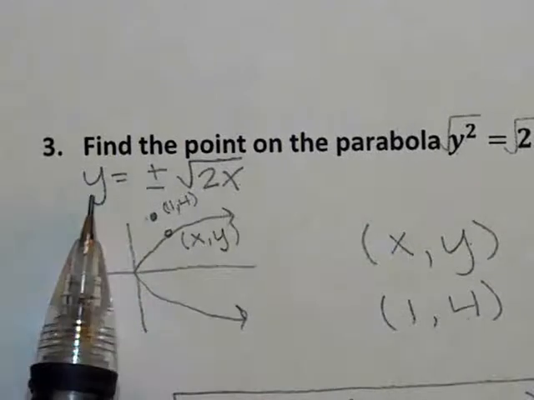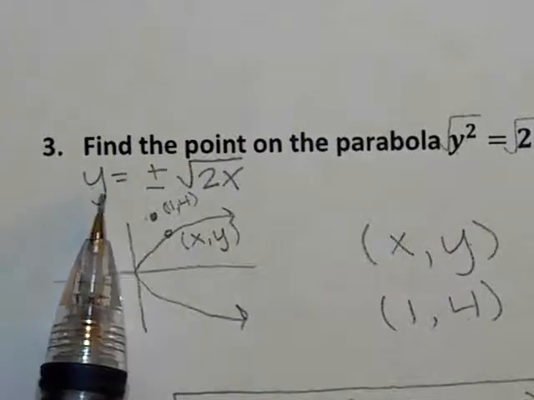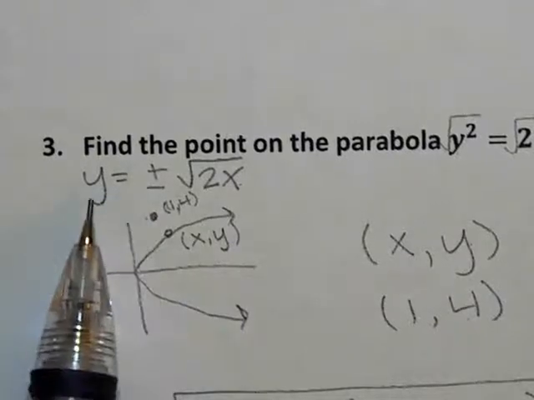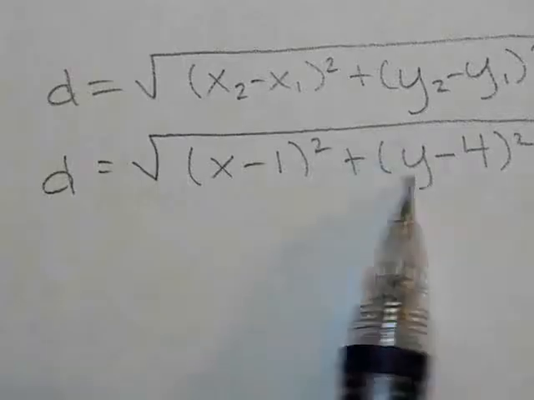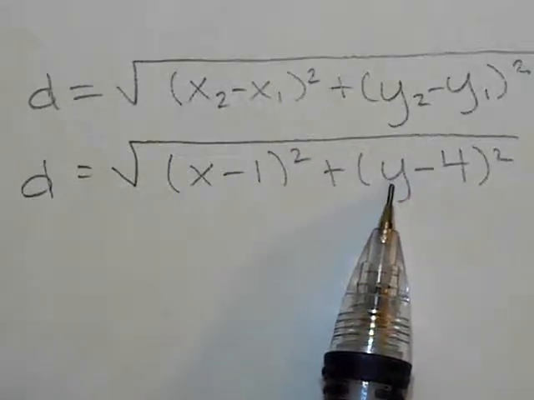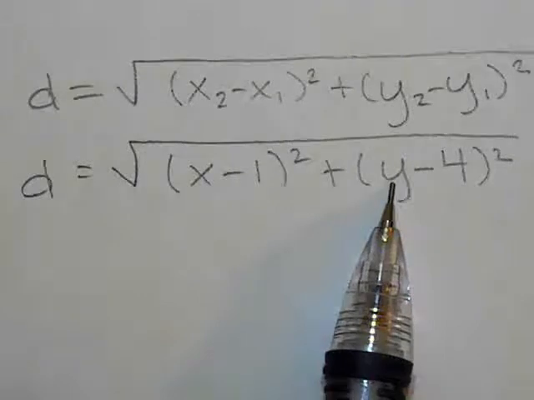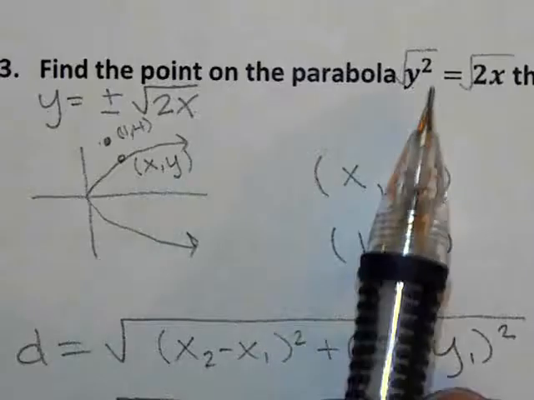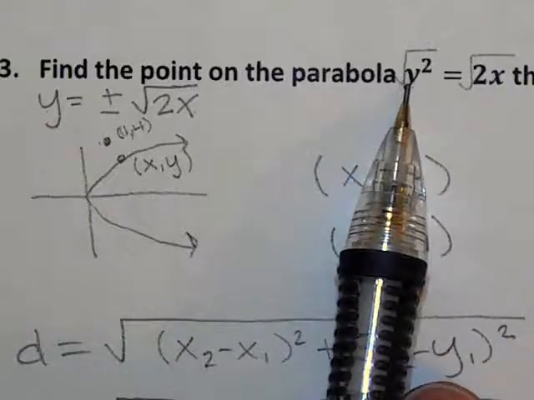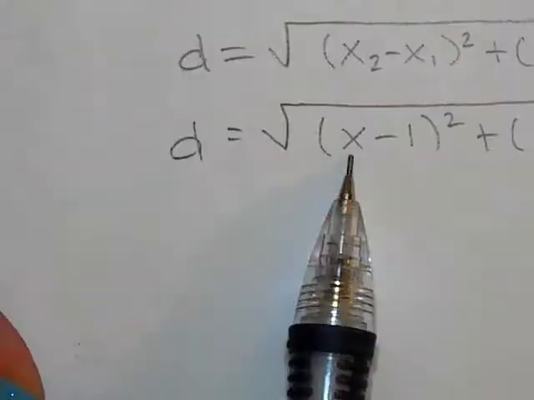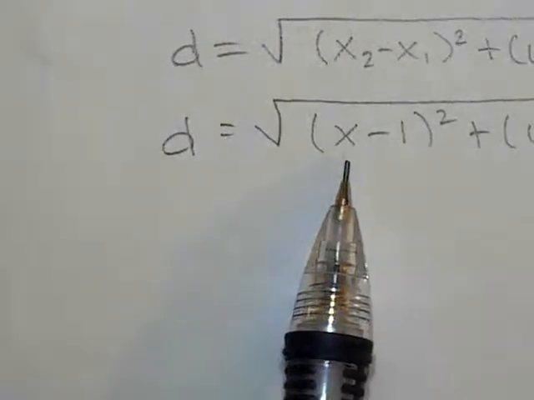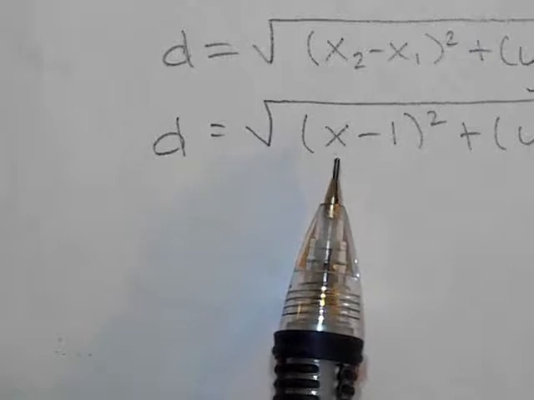So if we wanted to get rid of the y and have the whole problem in terms of x, then we'd have to have a plus minus right there, plus minus root 2x. Does that make sense? Or what we can do is isolate this x, divide the 2 over, and then take the x and plug it in right there. Does that make sense? So we can use that original equation to help us narrow down the problem so it's only in terms of 1 variable and not in terms of 2 variables. Does that make sense? Okay, yes.